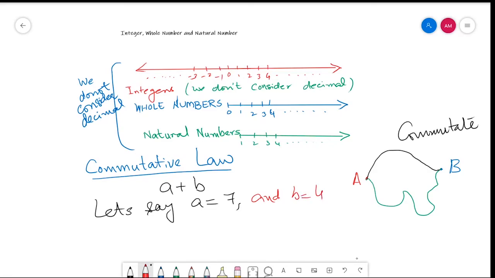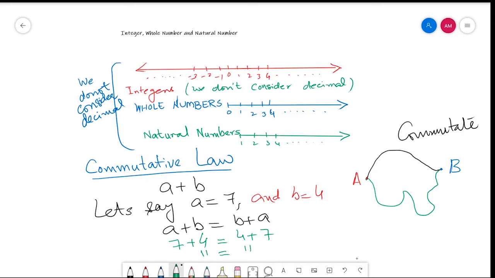Then the commutative law says A plus B is equal to B plus A. That means if you take 7 plus 4 or take 4 plus 7, they have the same answer, 11.